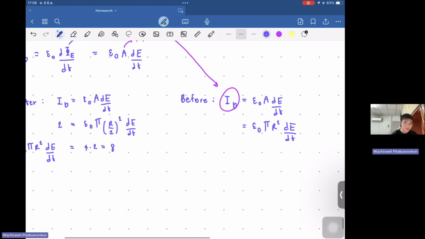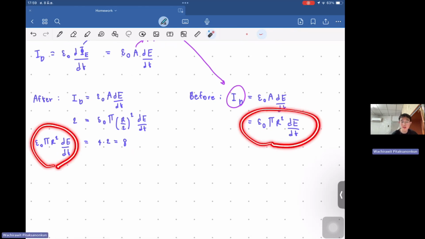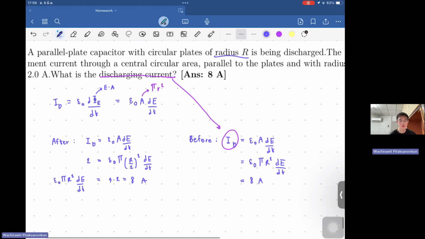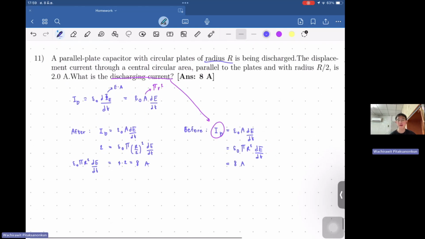Do you see this thing and this thing? It is exactly the same, right? So then it is equal to 8 ampere. Easy, right? Nothing much, you just have to compare and know the variable. So the answer to this question is 8 ampere.